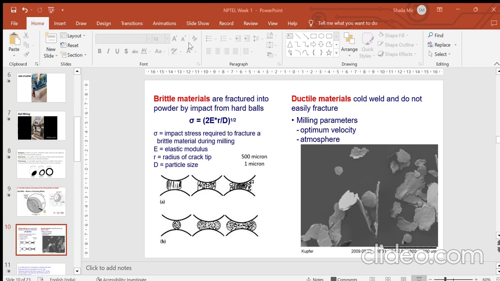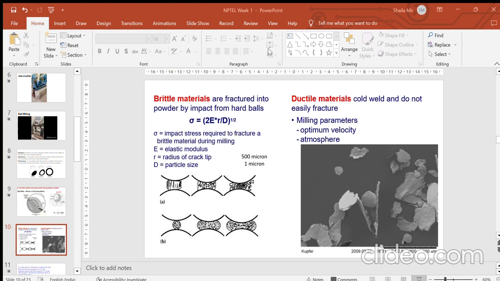So this is an example. In this question, we are taking a ball mill of 2 m diameter, and it is loaded with steel balls, each having a diameter of 4 centimeter.